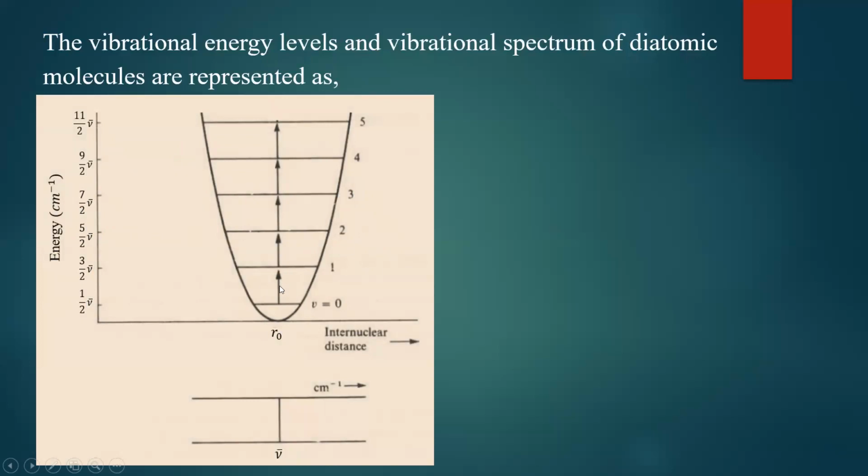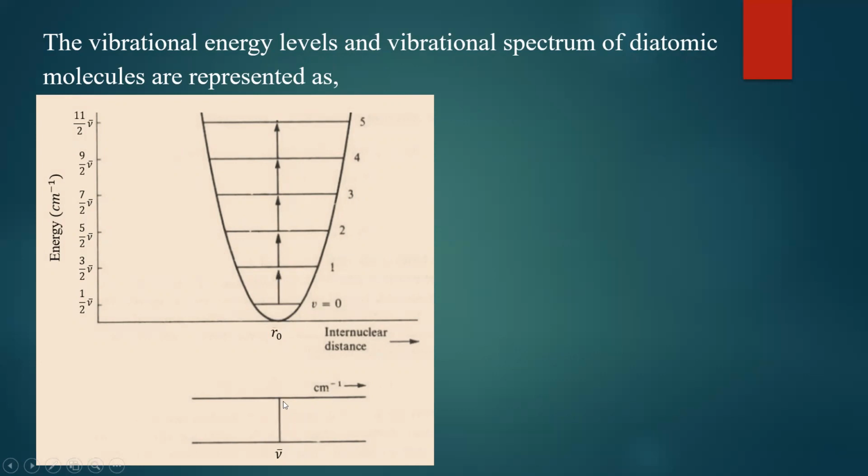If there is a transition of the molecule from one level to another by absorbing a particular photon, definitely the energy of that absorbed photon is exactly equal to the difference between the energy values, and that is exactly equal to nu bar centimeter inverse.